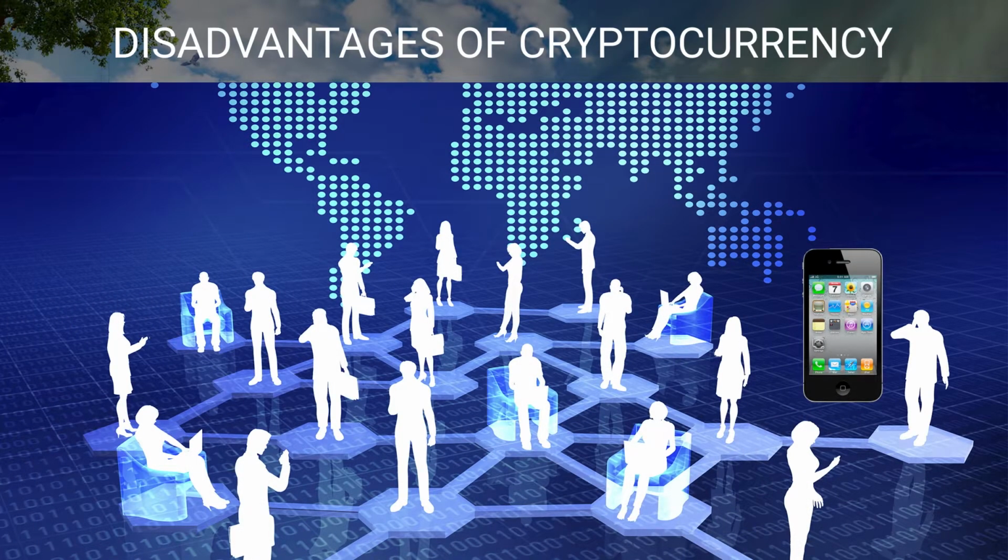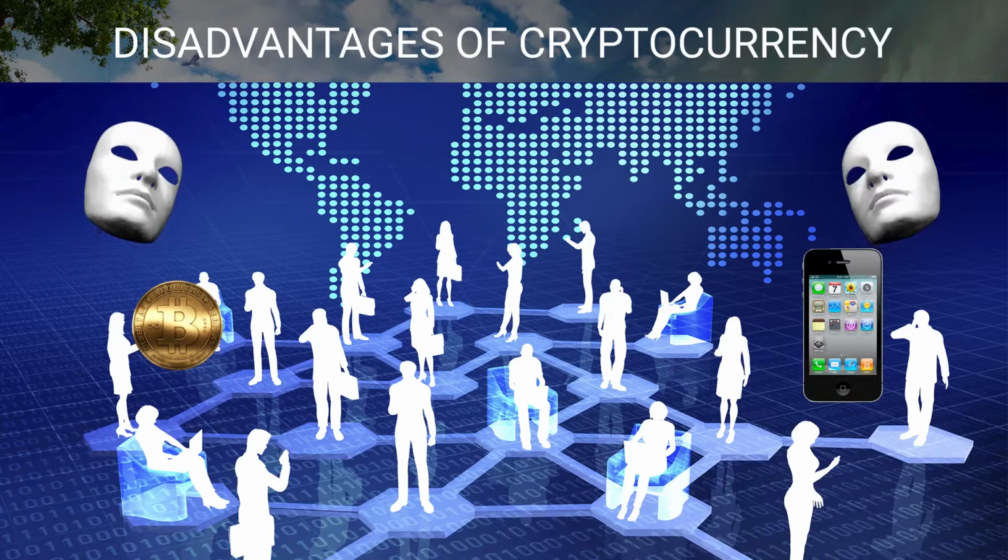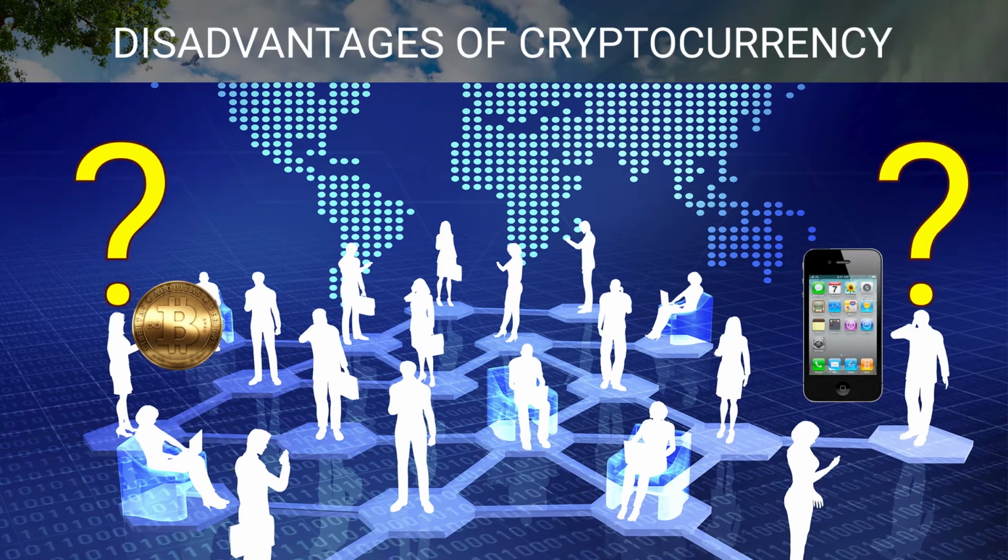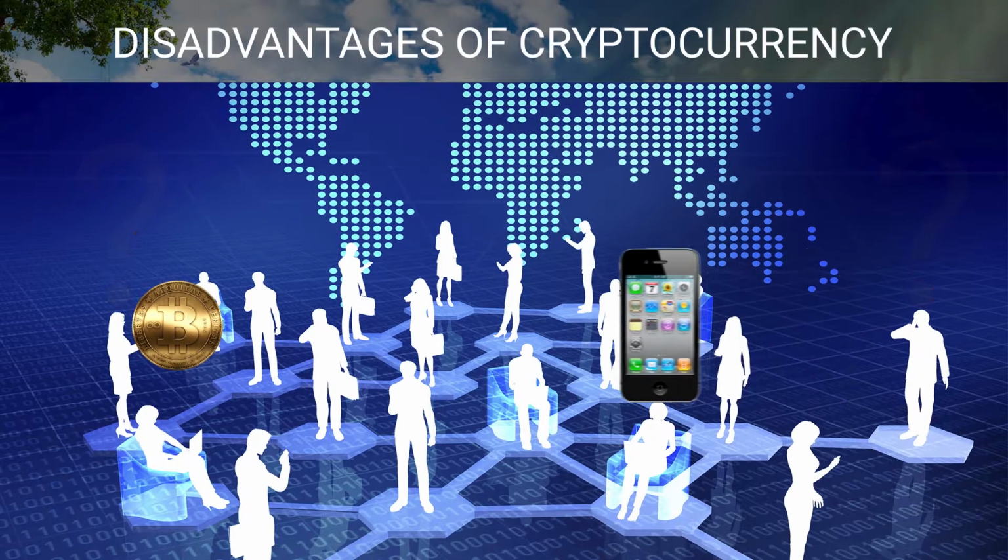Let's look at it with this example. There are two members in a network. One of them wants to sell a mobile phone, and another has enough assets to buy it. Because these people don't know each other, a logical question appears: who will dispatch first?